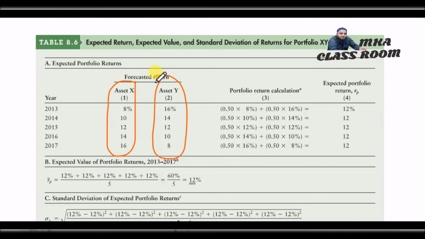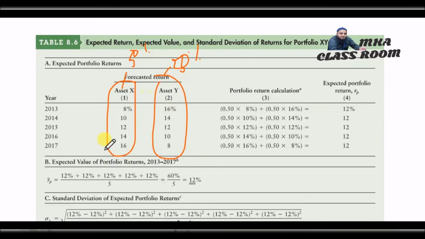From our information, 50% of each is taken. So 50% of 8% is 4, and 50% of 16 is 8.